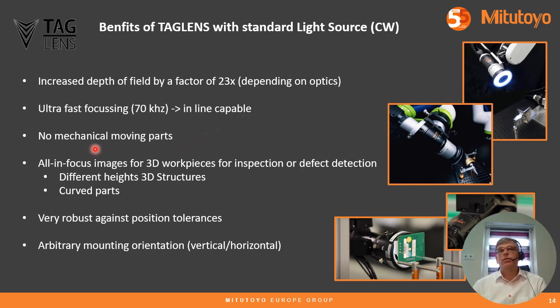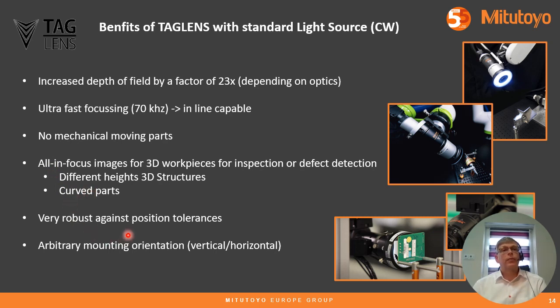The TAG lens does not use any mechanical moving parts, and it generates all-in-focus images, even for 3D workpieces that can be used for inspection or defect detection. So even if different heights or 3D structures are on this workpiece, or the workpiece itself is curved, the TAG lens enables an optical setup to get all-in-focus images.